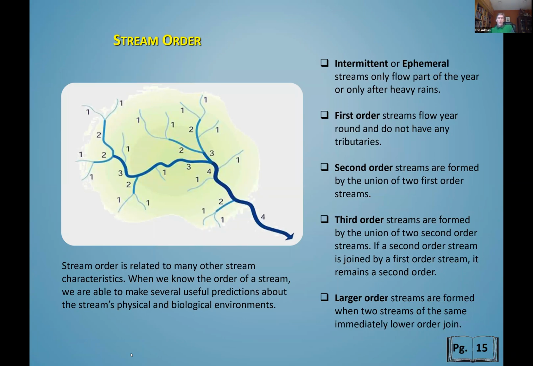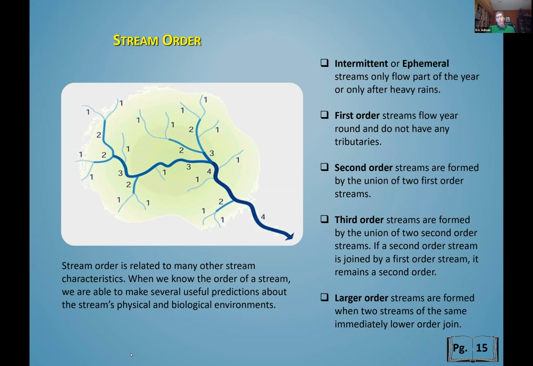Another concept to be aware of, which can be a little bit confusing, is something called stream order. Stream order is a way of looking at what is happening in a stream. It's important mainly because as you're closer to the headwaters of a stream compared to the mouth of a stream or river, you have different things going on.